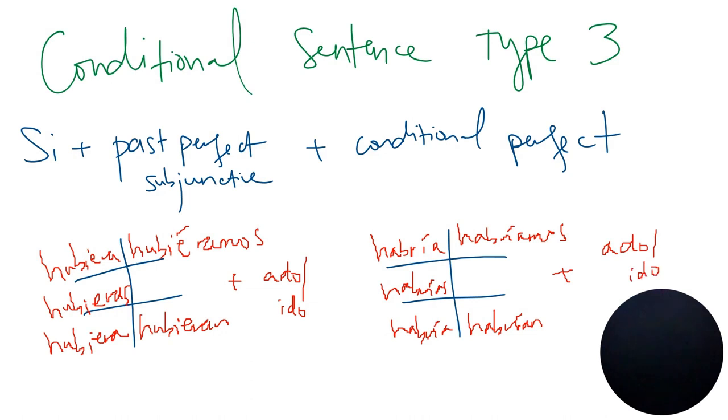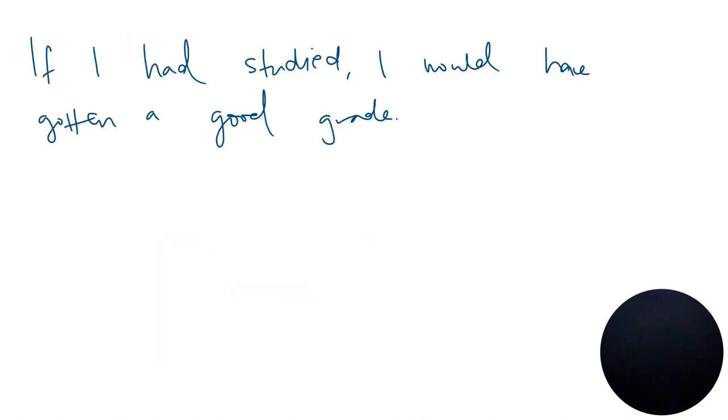Okay, so when we would use this is to say if this thing had happened, because remember the past perfect means had. This other thing would have happened, which would be the conditional perfect. So, for example, if I had studied, I would have gotten a good grade. It's all going to start with si because that's how you say if without an accent. So, si yo, and then we're going to have the past perfect subjunctive, hubiera estudiado.